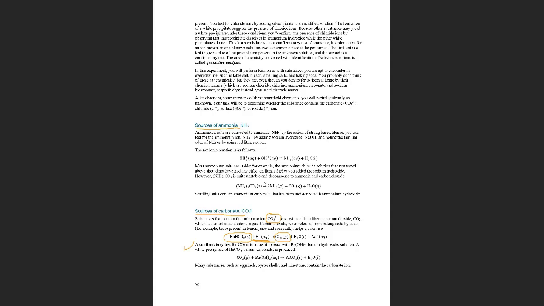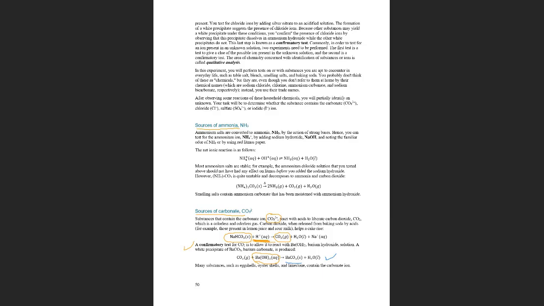One confirmatory test is producing the reaction with barium hydroxide. So the confirmatory test of carbon dioxide is this reaction that is right here. It produces a solid of barium carbonate and water. Basically, this is an insoluble white precipitate that confirms the presence of carbonate.